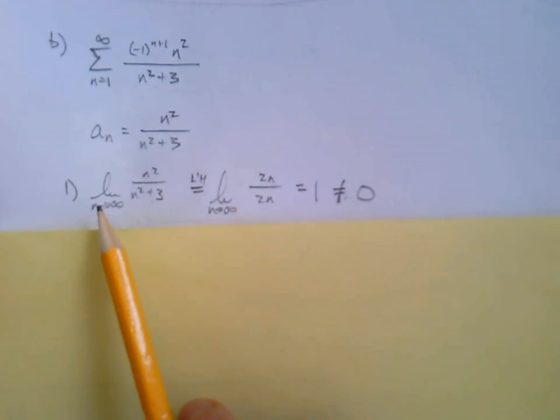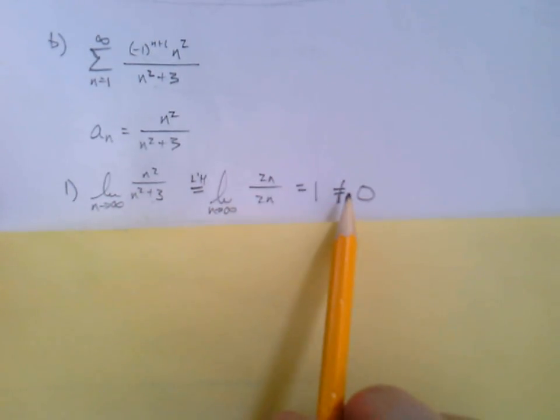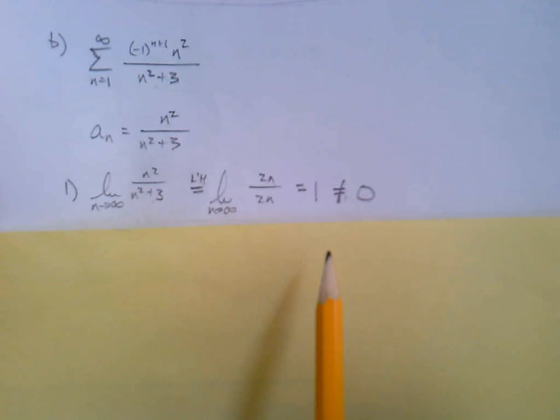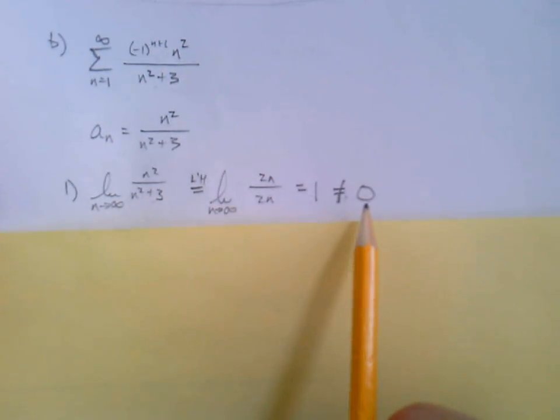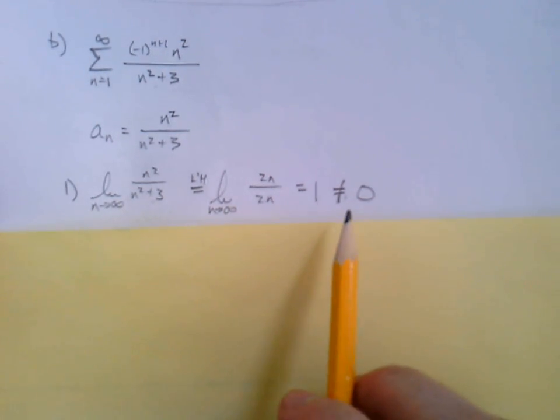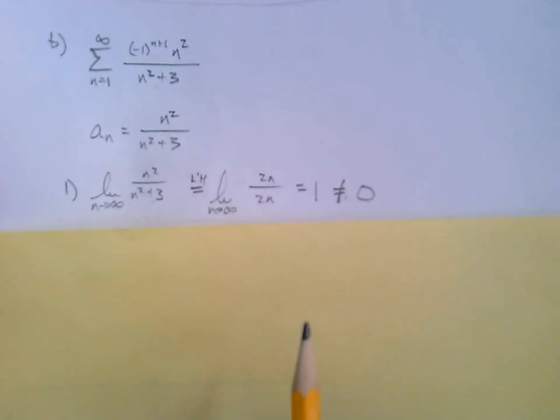Well, the alternating series test says if we get this limit to be 0, then we would move on to step 2, and if that worked out, then we would know that it converges. But if this first step does not equal 0, we can actually say that the series diverges by a different test that we learned earlier.